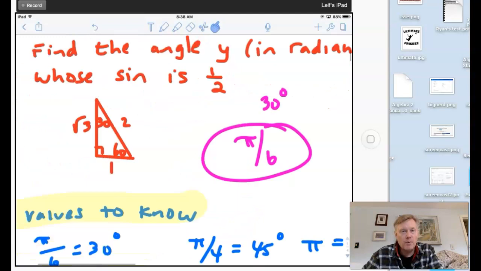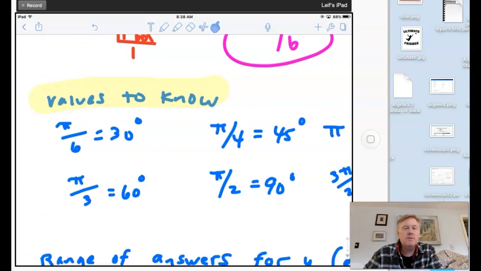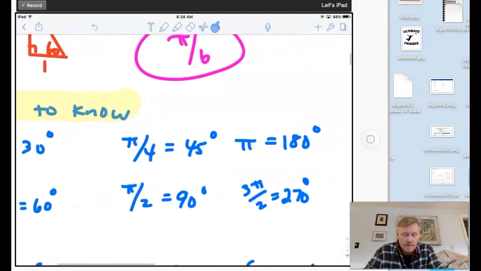So we've gotten to that point where I need you to learn some values. These are the values that you should know. Pi over 6 is 30 degrees. If I double that, I get pi over 3, which is 60 degrees. 30 doubled. I'm cutting the denominator in half, which is what I do when I double something. 45 degrees and 90 degrees.